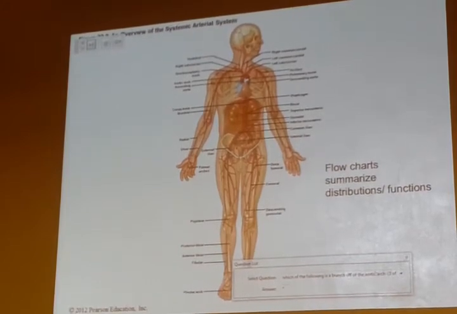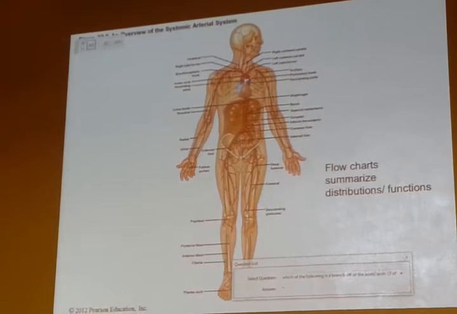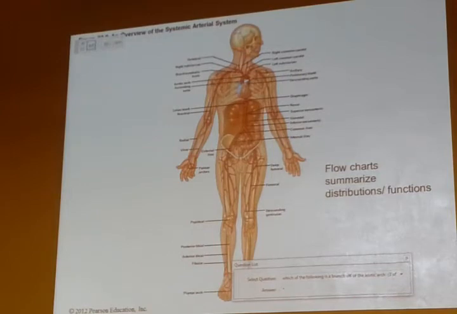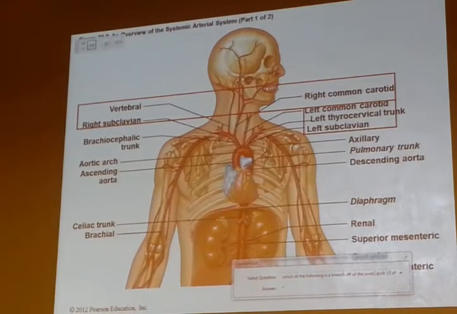A lot of the names of the arteries could be named for a bone, or for an anatomical region, so if you know your bones and you know your anatomical regions, you've already learned a lot about your blood vessels. For these types of figures, where it's either the head or the torso, or no head and just the torso, expect to have those on the exam.